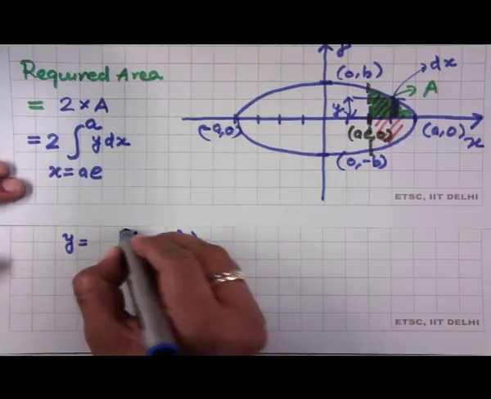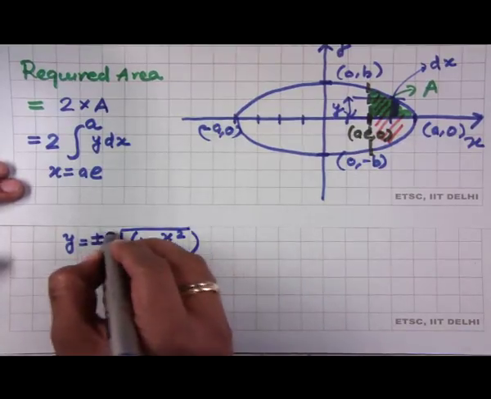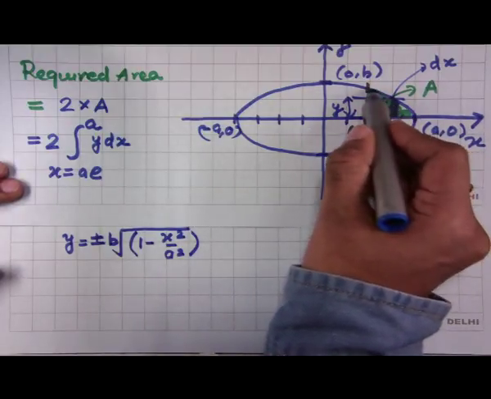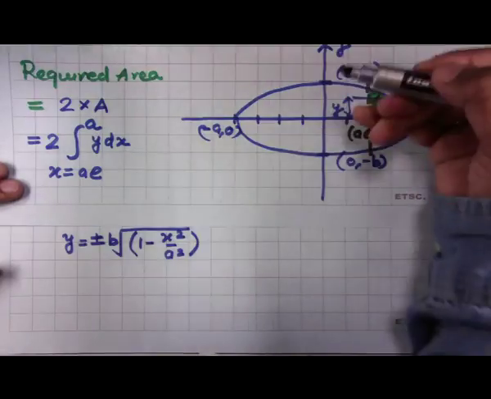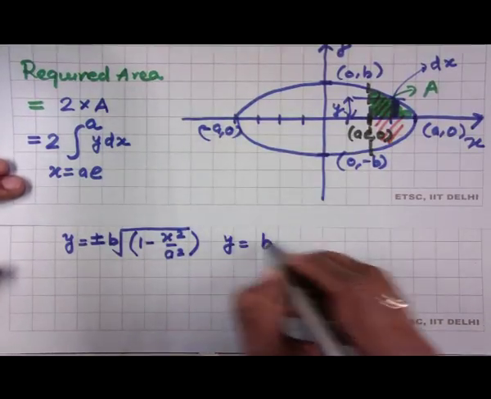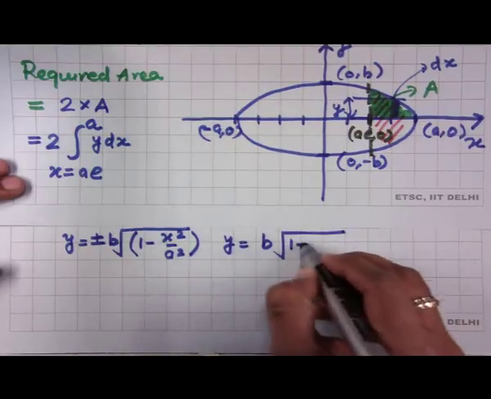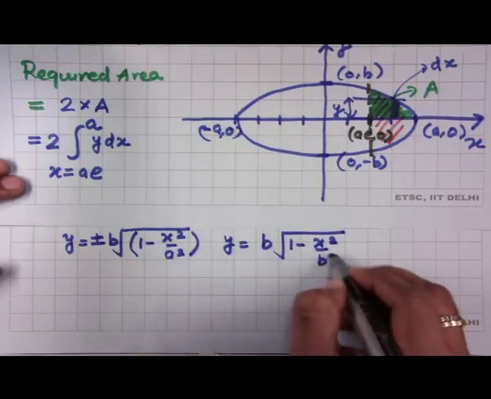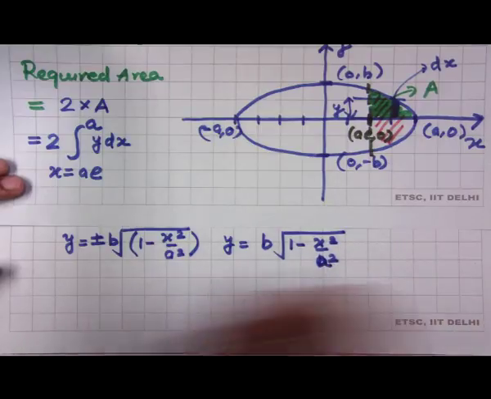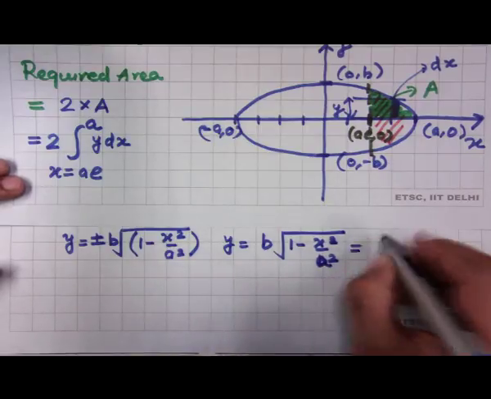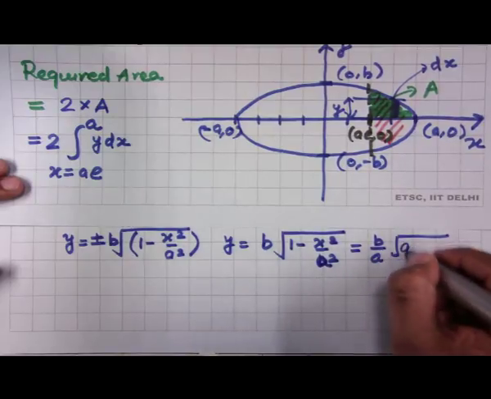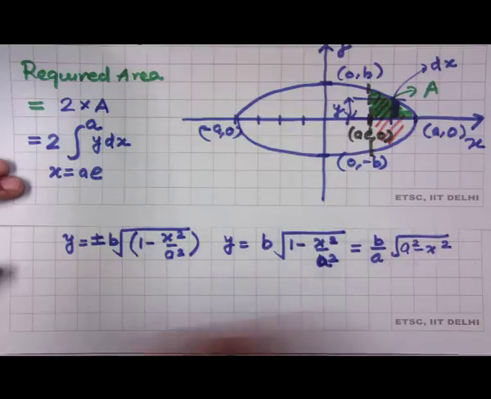Since we are using the upper portion, the portion of the ellipse which is lying above the x axis, we will be using the positive value. So, y is b by a under root a square minus x square.